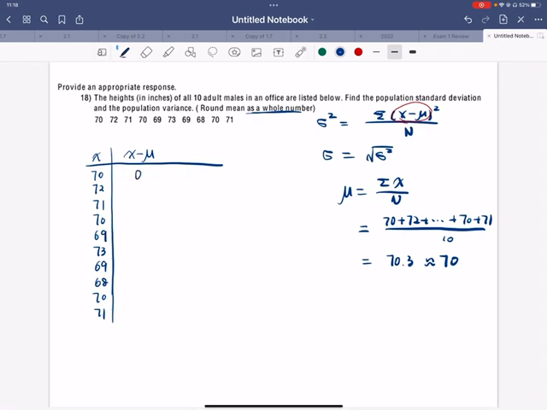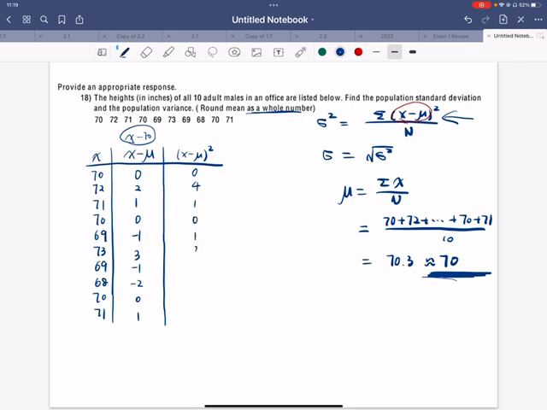Use every number to take away 70, because 70 is the mean. Every number take away 70 to find the distance between every number and the mean. And then we square that, we square every number to avoid 0. If you remember, the sum of deviations is 0.